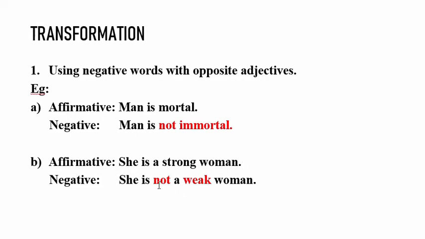In this case also we can see that not is a negative term used in the sentence to make the sentence negative, but we don't need to change the meaning of the sentence. So instead of the word strong, we have used the word weak, that is the opposite of strong. So not and weak come together, which gives the same meaning as the affirmative sentence, but the sentence structure is negative. Okay, so this is the first technique you'll have to learn while learning about the transformation of sentences.